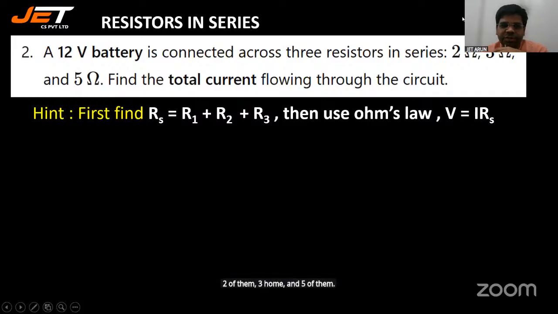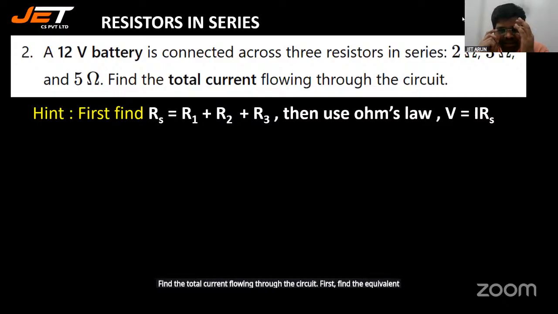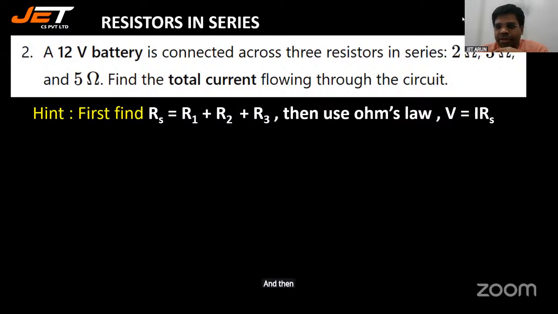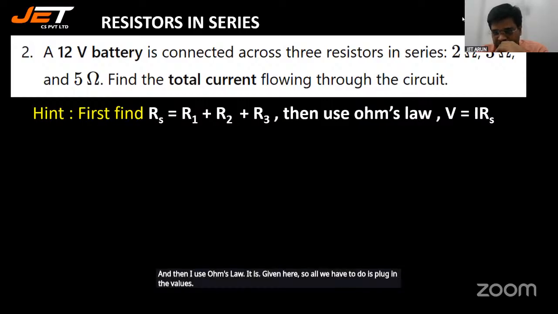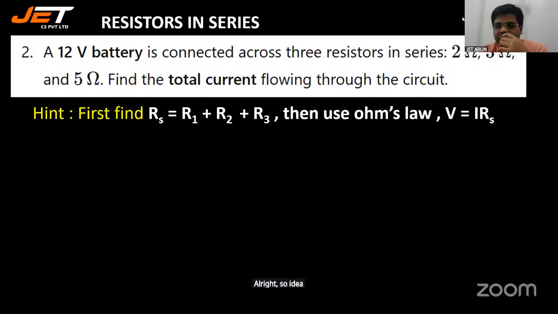Find the total current flowing through the circuit. First, find the equivalent resistance. Because they are connected in series, I just sum them up, and then I use Ohm's law. The hint is given here, so all we have to do is plug in the values. The idea is given, all we have to do is calculation.